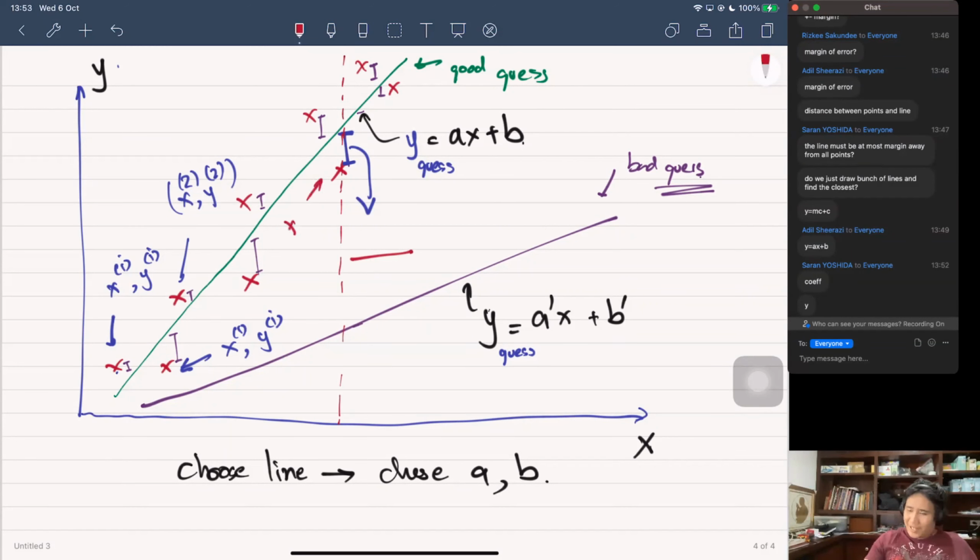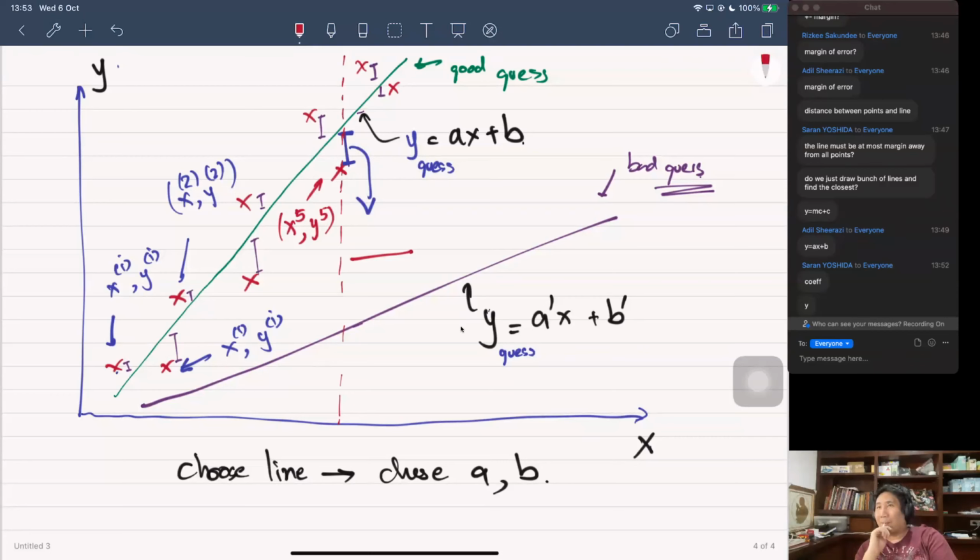Let's think about this. If this point is x5, y5, how do you compute that distance? It's not exactly y.